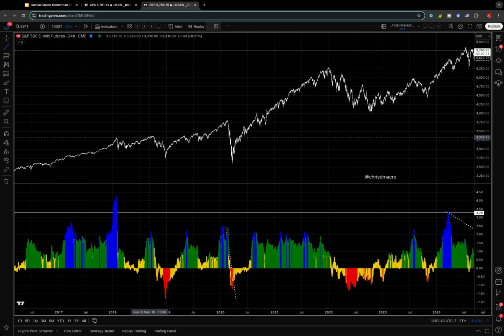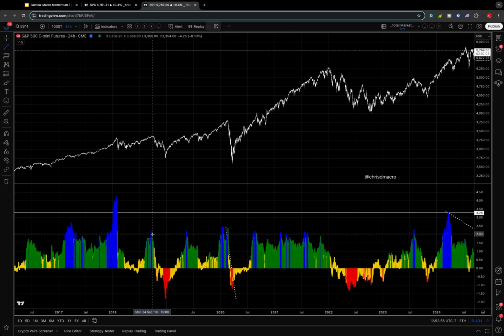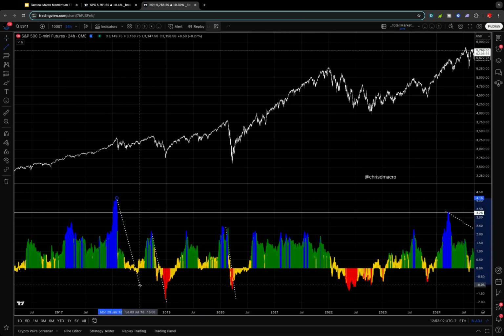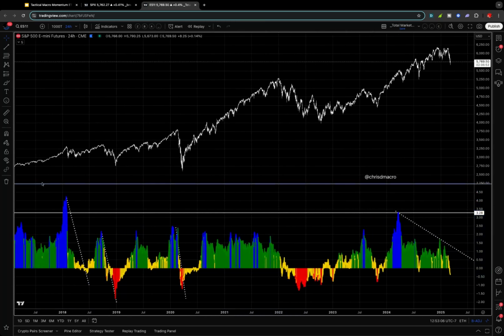This one was a little more drawn out, but nothing like the one we currently have. And then again, this one was pretty steep. So if we just look at the slope, and let me hide this, we can compare apples to apples here.